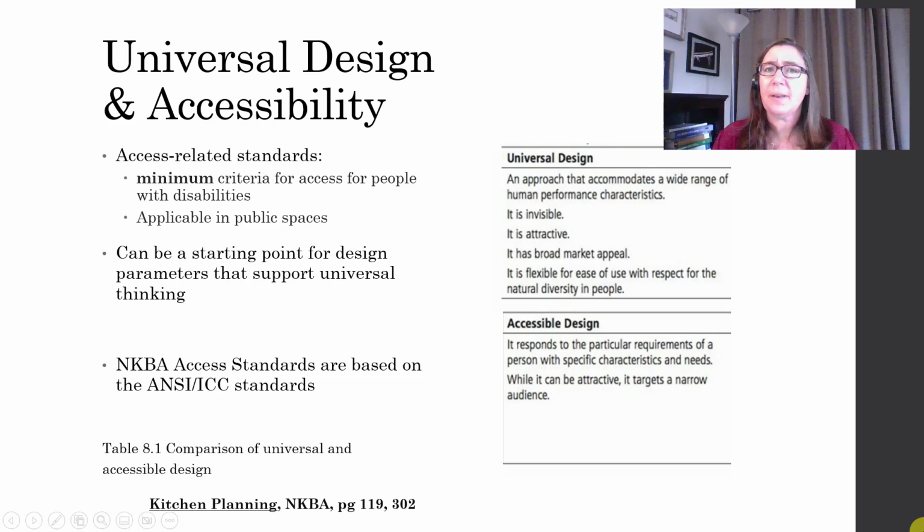But those access-related standards can be a starting point for design parameters, all right, and can help you support your universal design, all right, and your design thinking. The NKBA access standards and what's in your textbook, the design guidelines, are based on the accessibility standards in ANSI and the ICC.